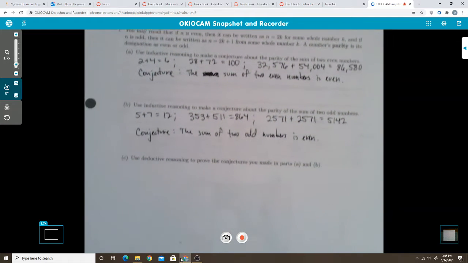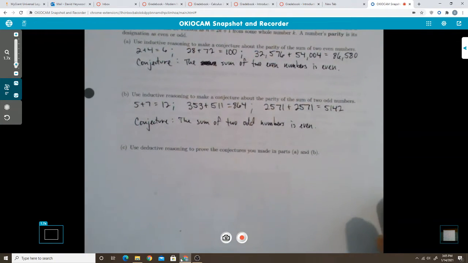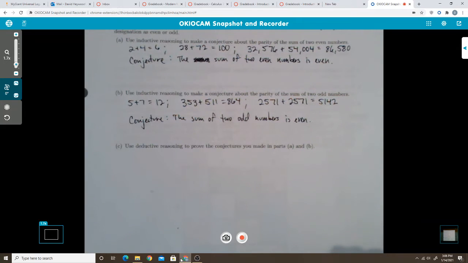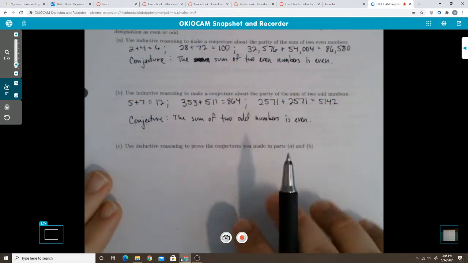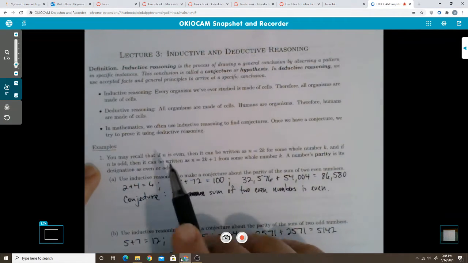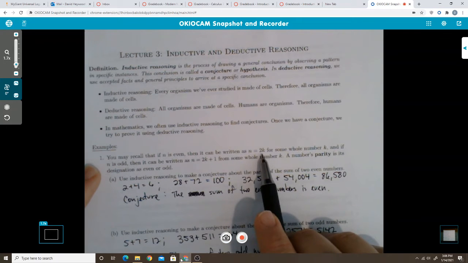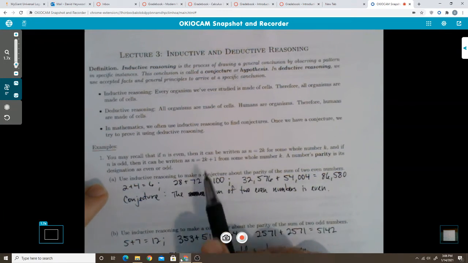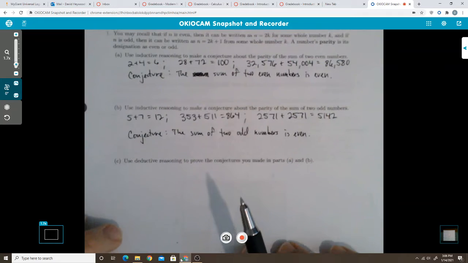But now part C says, use deductive reasoning to prove the conjectures that you made in parts A and B. Okay? So typically this is a little bit more challenging, but let's see if we can do it. And all we have to go off of are the definitions that we had in the statement of the problem, right? So if it's even, we can rewrite it as 2 times k. If it's odd, we can rewrite it as 2 times k plus 1.